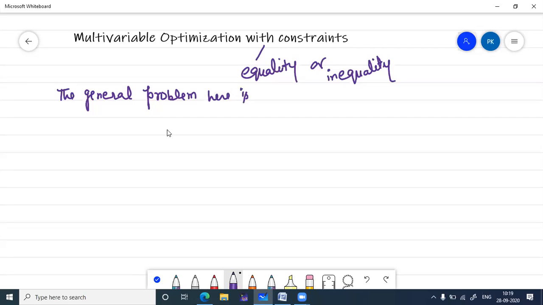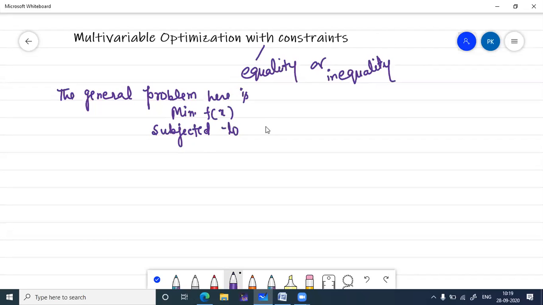The general problem here, it may be in the minimization form, it may be in the maximization form, but if the minimization form is given, then you have to convert that minimization into the maximization form, as we have discussed earlier. So suppose here I have given the objective function, which is minimization of f of x, and this is subjected to, first I'm going to take equality constraints here.